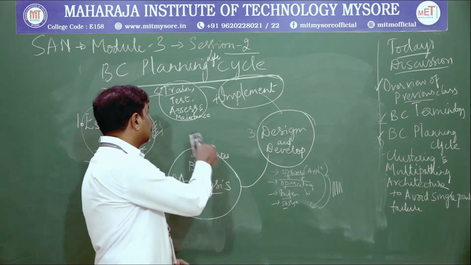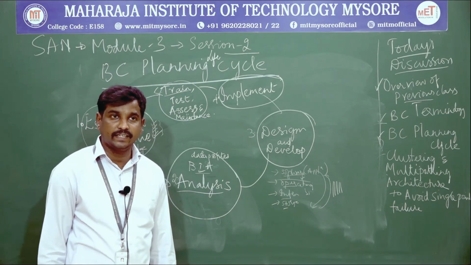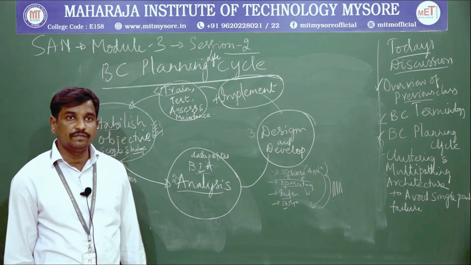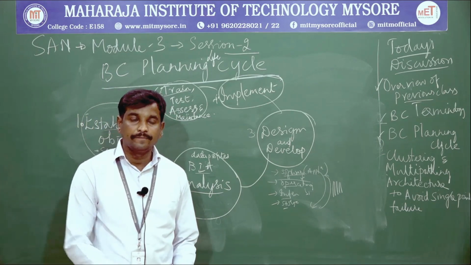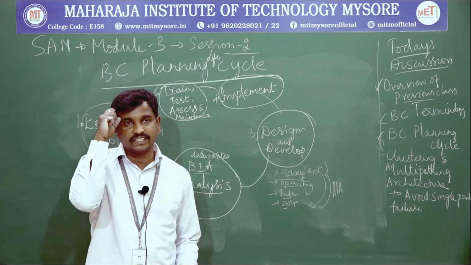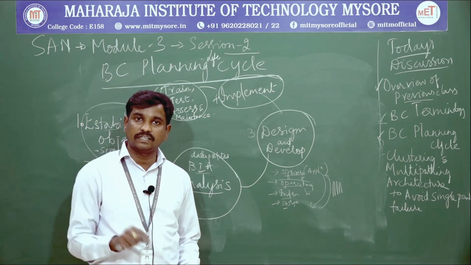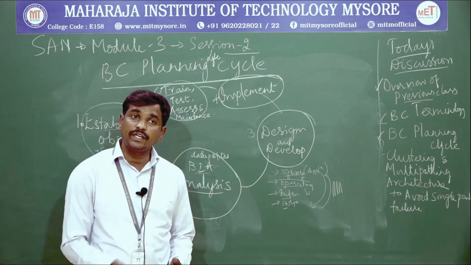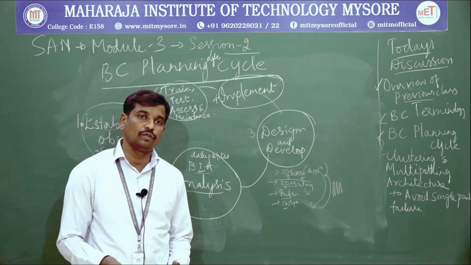All this is done in the fifth cycle, which is training, testing and maintaining. Training is done for emergency response when the disaster is declared, and the training department is also called the recovery team, and that team needs to follow recovery procedures in a continuous fashion, and similar scenarios need to be followed.